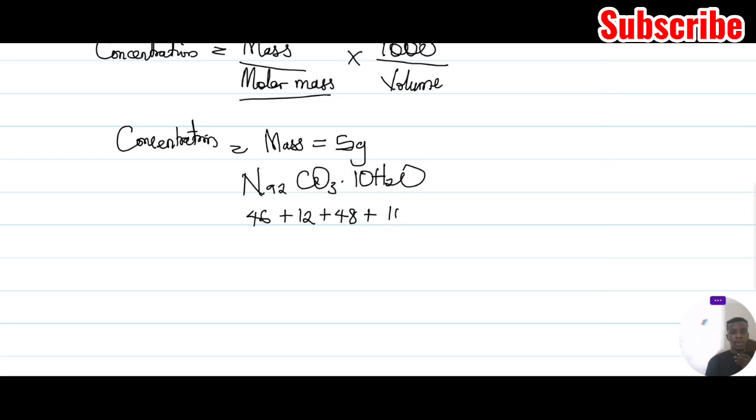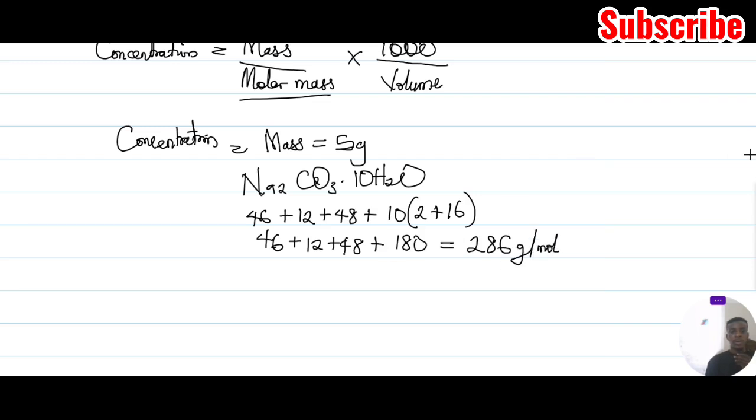Plus 10 water: hydrogen is 1 times 2, you have 2, plus oxygen is 16, so that's 18. 10 times 18, you have 180. So when you sum everything together, your mass is approximately 286 grams per mole. That's the molar mass of it.